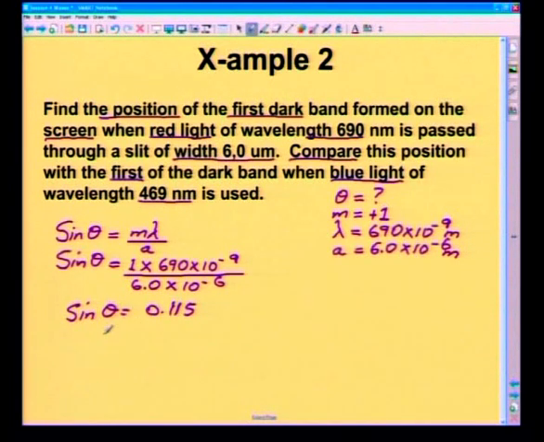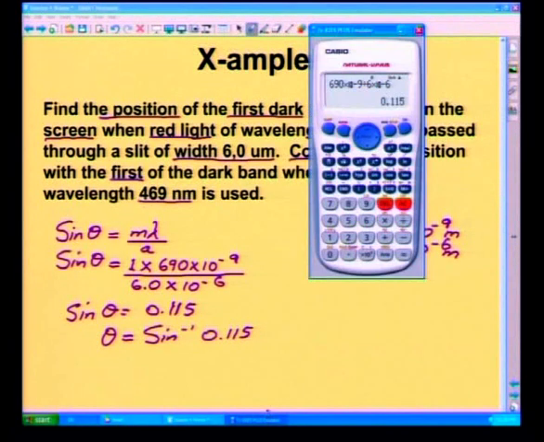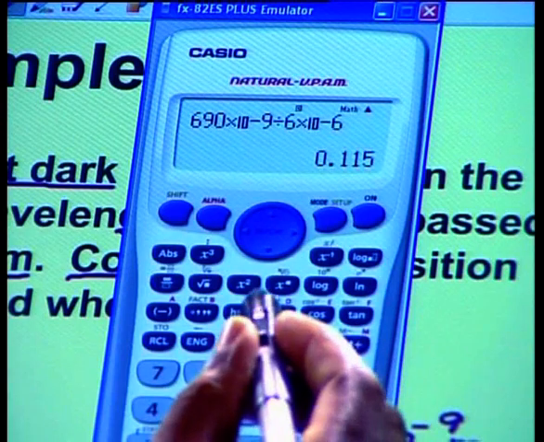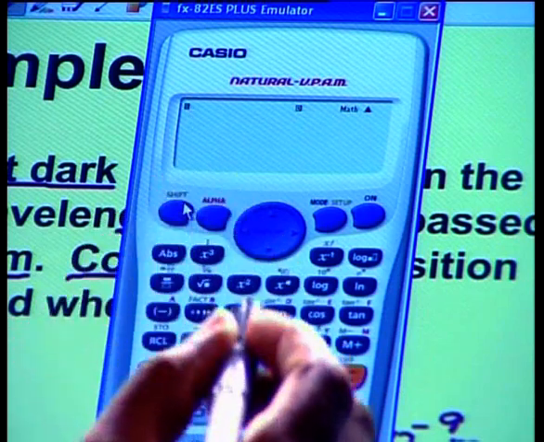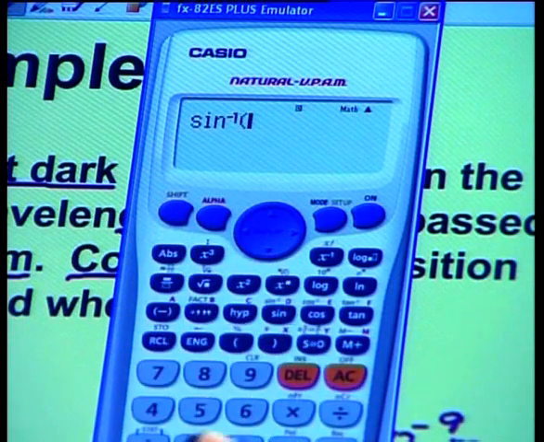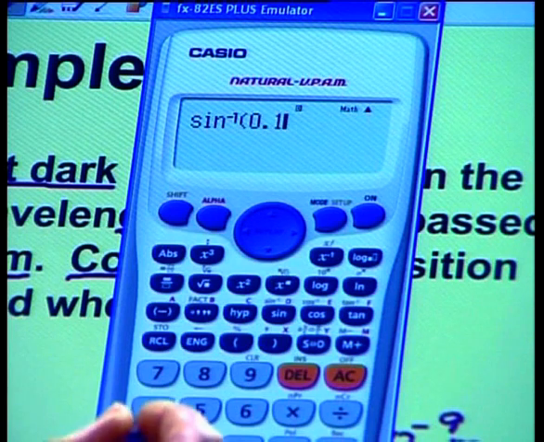To actually find theta, we need to find the sine inverse of 0.115. And again, we need a calculator for that. Now, for sine inverse, we need to use the shift button. So we'll say shift, sine inverse of 0.115.